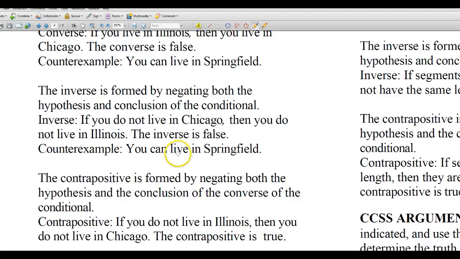Once again, the counterexample could be Springfield, or Canton, or Morton. So let's take the example Morton. Morton is not Chicago. Then this says you do not live in Illinois. Well, just because you don't live in Chicago does not mean that you do not live in Illinois.